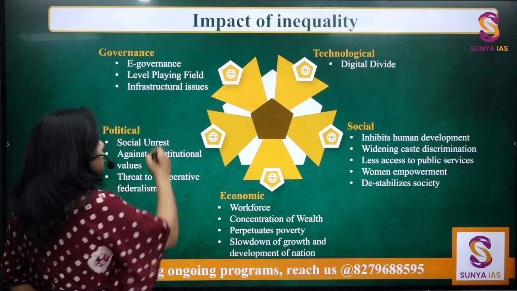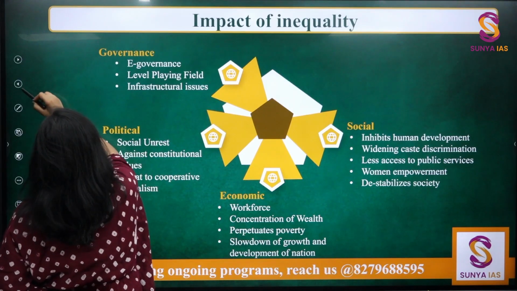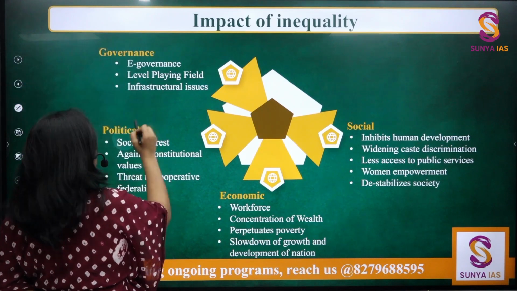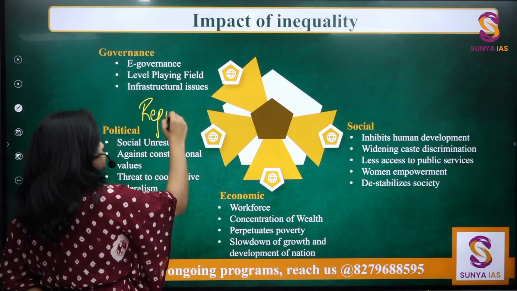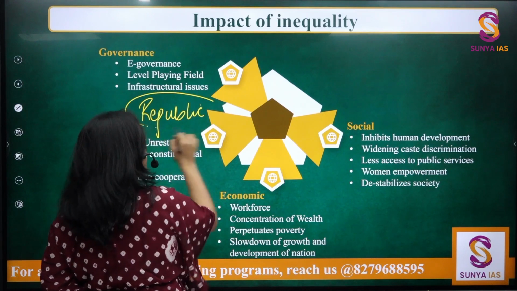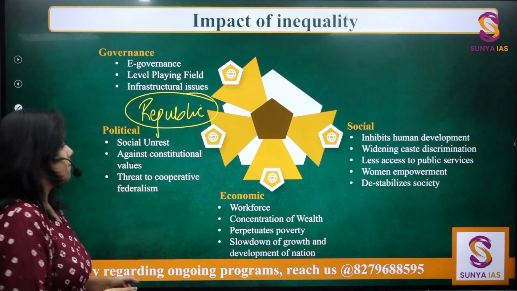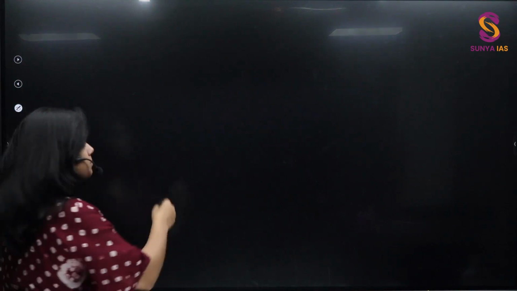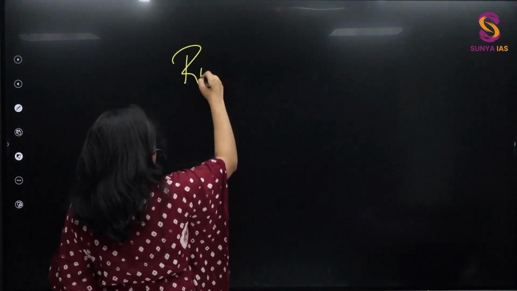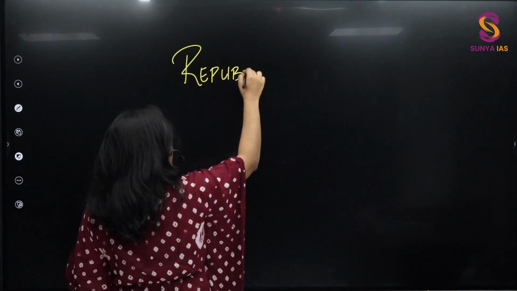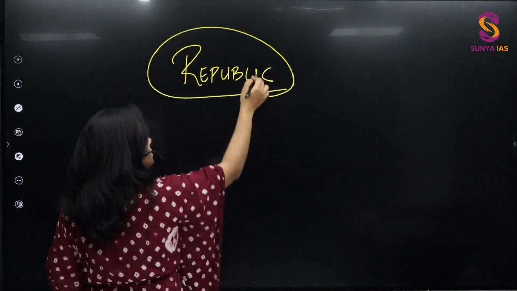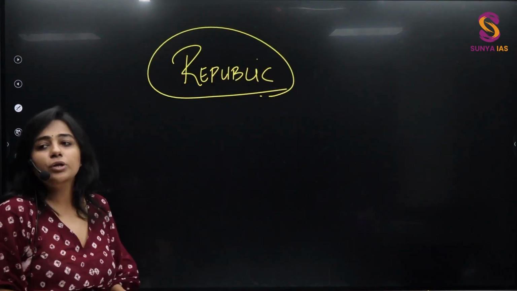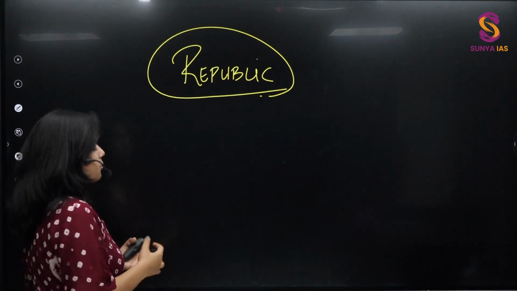Why is India called a republic? Just think and tell me, why have we chosen to be a republic and not a monarchy like the UK? It might not appear relevant over here, but still I'm asking you this. Why have we chosen to call ourselves a republic and not a monarchy? Think about it.